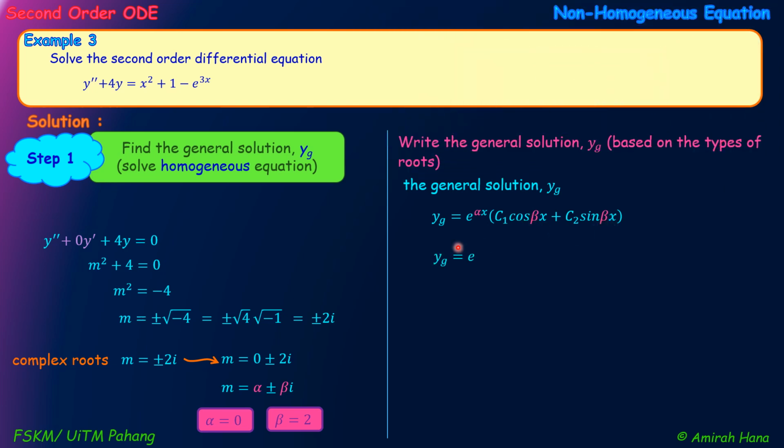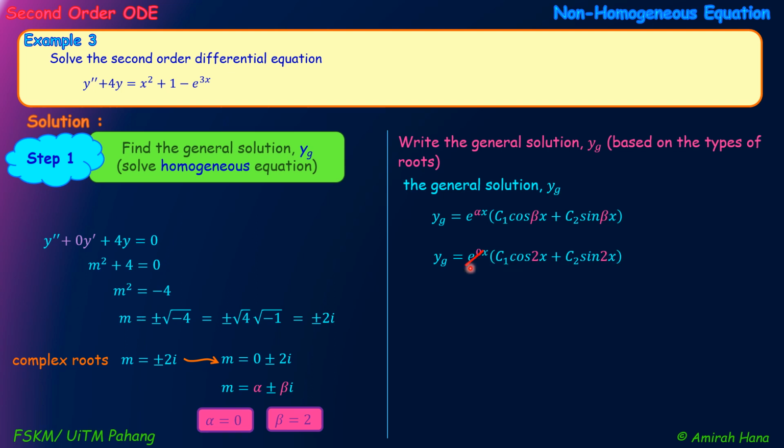Then we replace alpha by 0 and beta by 2, so we get yg equals e to the power of 0x times c1 cos 2x plus c2 sin 2x.